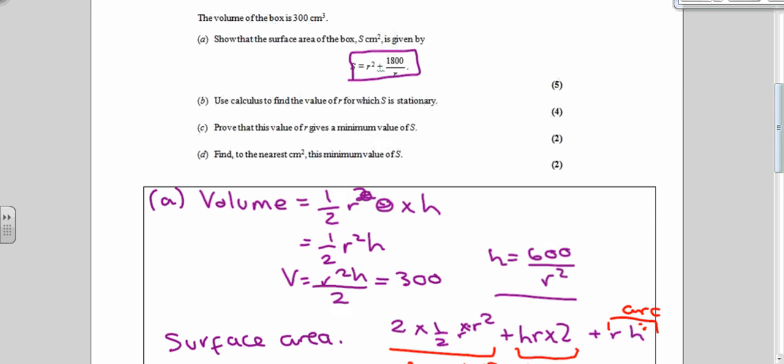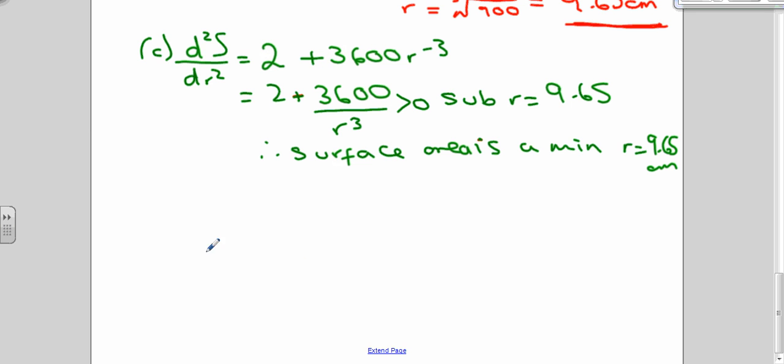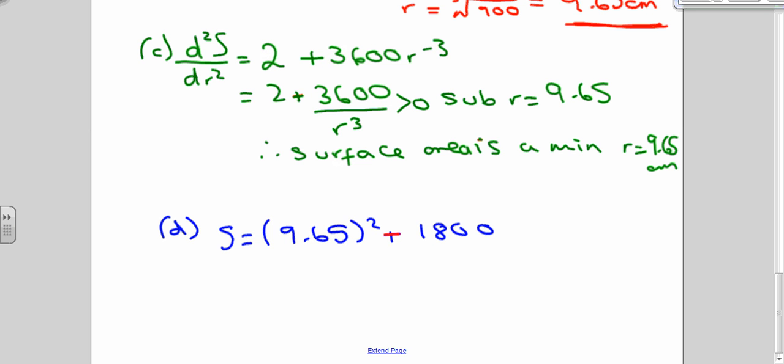And now for part D, we just have to find to the nearest centimetre the value of S. So now all we're doing is going back to what we have for S and substituting in r. So that'll be 9.65 squared plus 1800 over 9.65, and when you type that into your calculator, you get 279.65 centimetres squared.